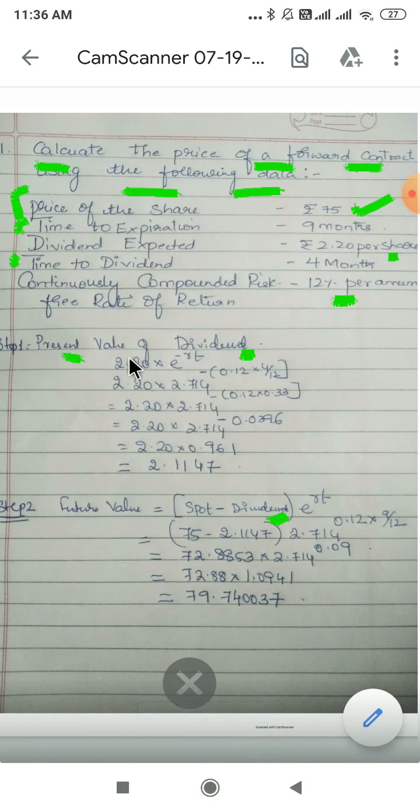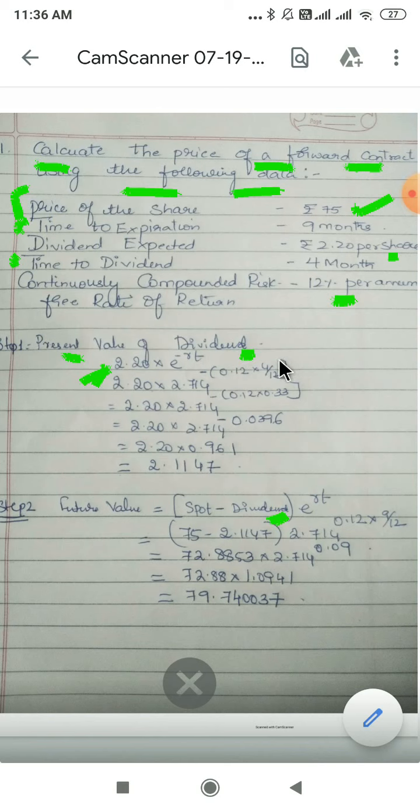The dividend multiplied by e to the power of rt, but in this rt you have to consider minus, which means we need to discount this 2.20. So 2.20 multiplied by e, and we know e is equal to 2.714. r is the risk free rate of 12%, that is 0.12, multiplied by t, which is 4 by 12 because 4 months is given.